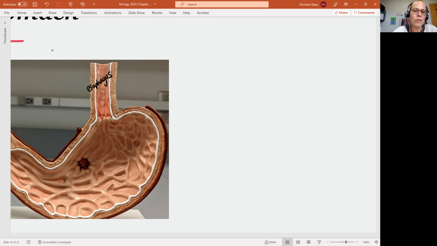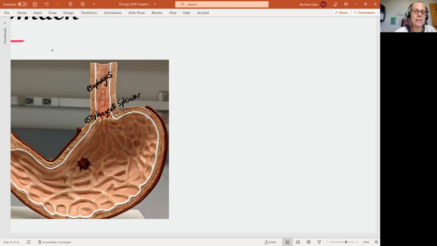When we are moving from the esophagus into the stomach, remember we have what we described as the esophageal sphincter. And sphincters are circular muscles that are going to be closing off entry and exit points. Here, this is preventing acid from moving from the stomach up into the esophagus.